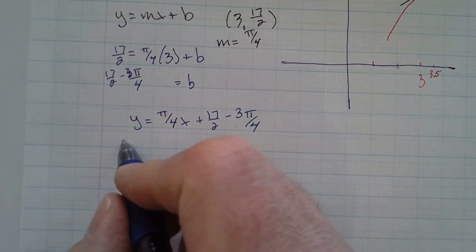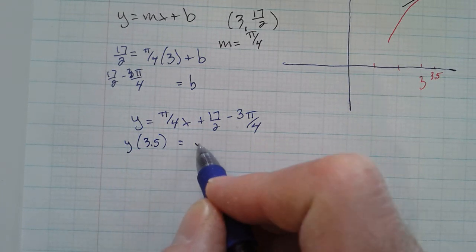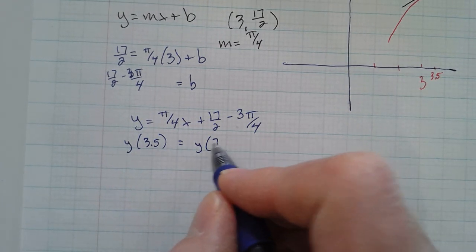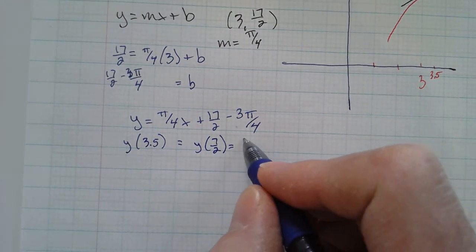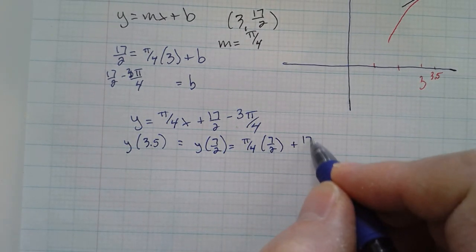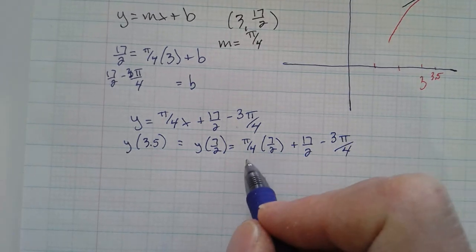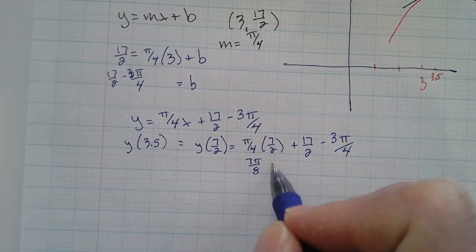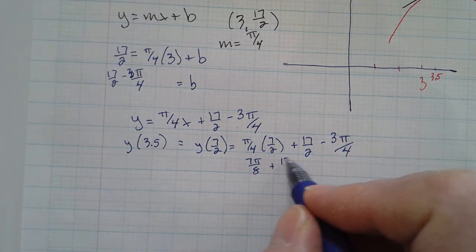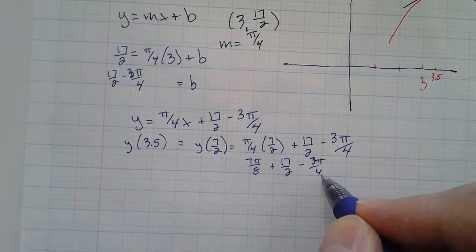So our line y of 3.5, which I'll call y of 7 halves, is pi over 4 times 7 halves. So we get 7 pi over 8 plus 17 halves minus 3 pi over 4. Well, that's 6 pi over 8.